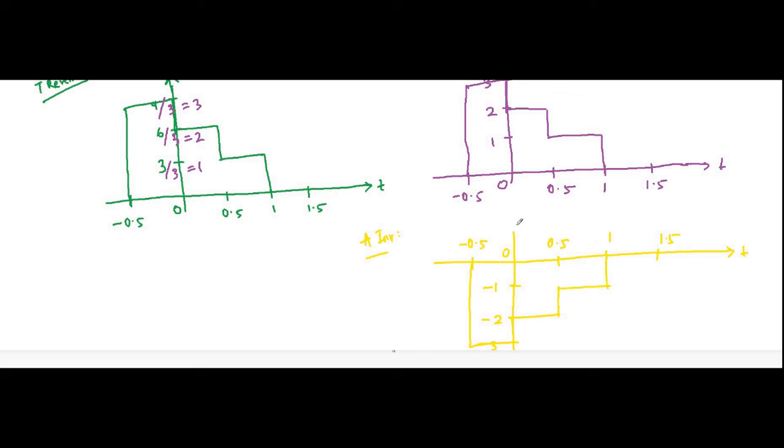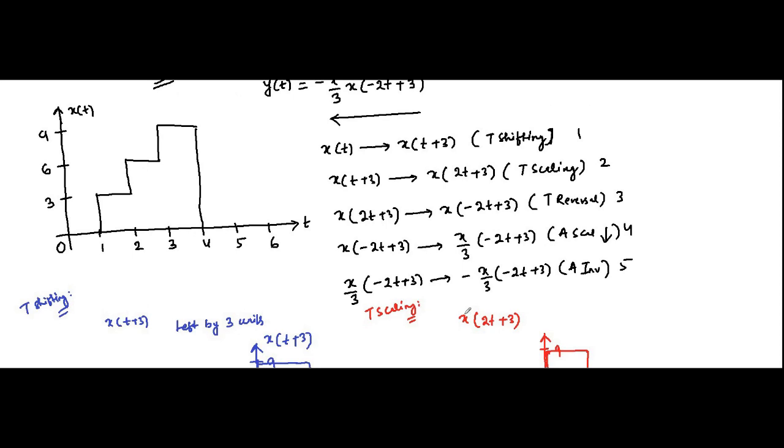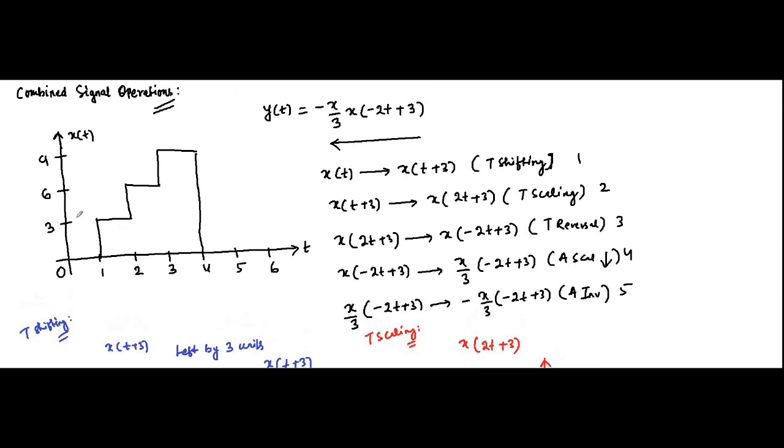This is the amplitude inverted signal, which is minus 1 by 3 x(-2t+3). This is the final signal, -x(-2t+3)/3.